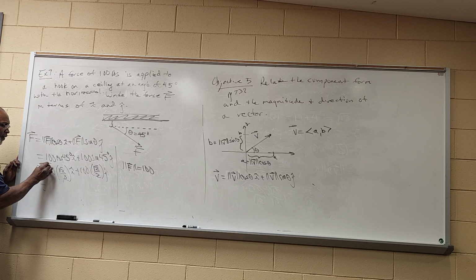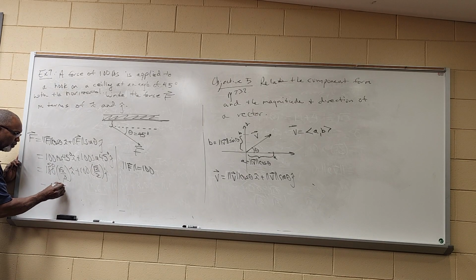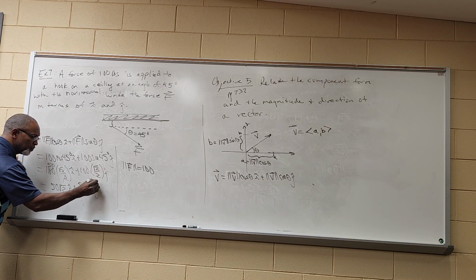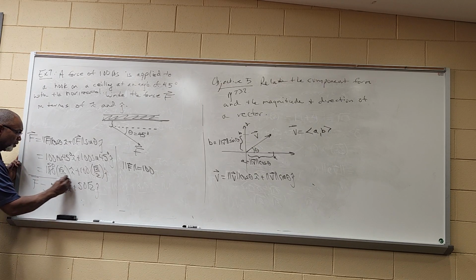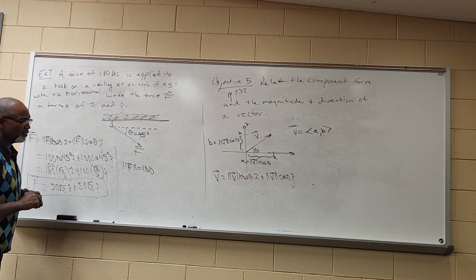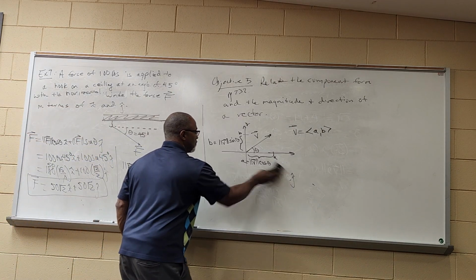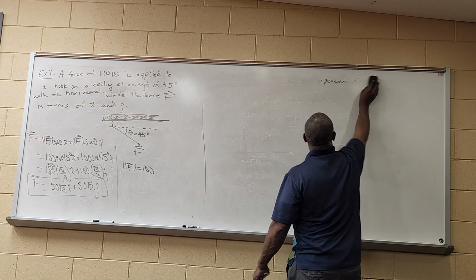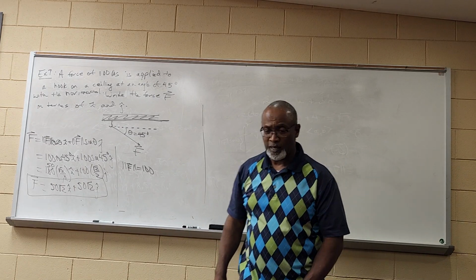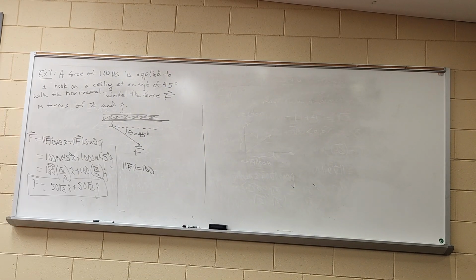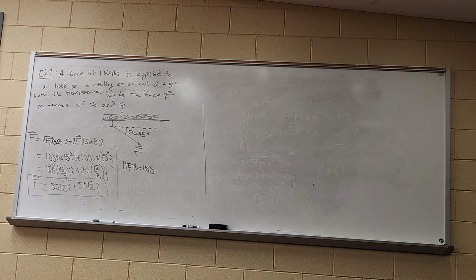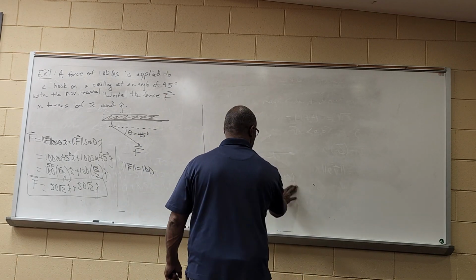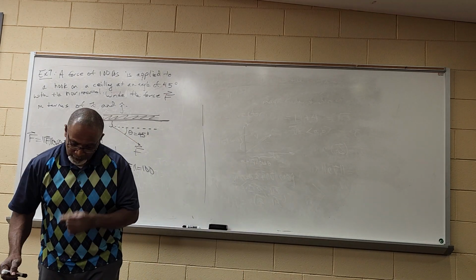So 2 goes into 100 fifty times, and I get 50 square root of 2 i plus 50 square root of 2 j. There's my force in terms of i and j, using that formula.